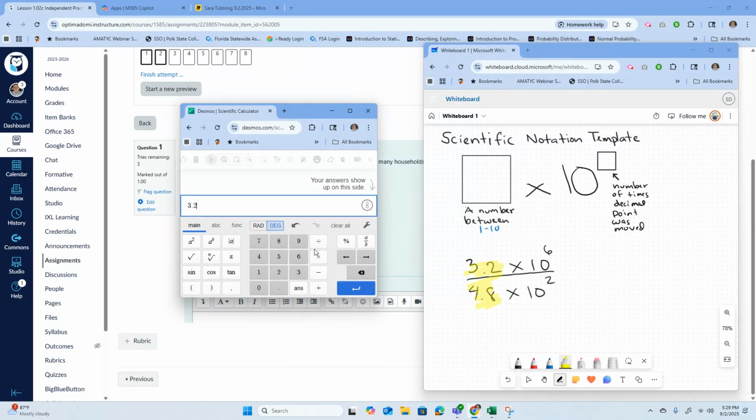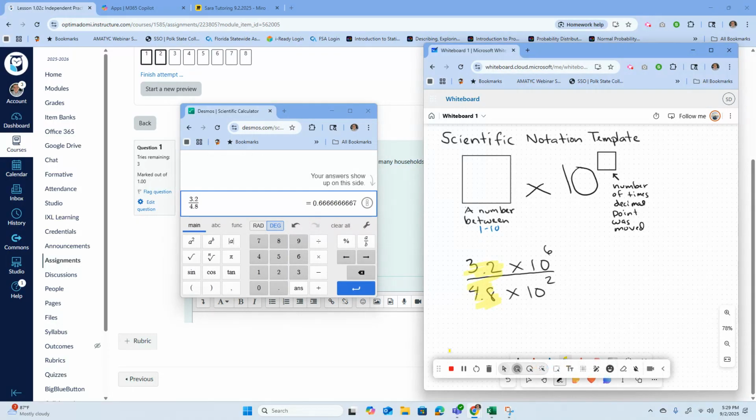When I do that division, I get 0.6667. Now the instruction says to round to the nearest hundredth, so I'm going to round this to 0.67.